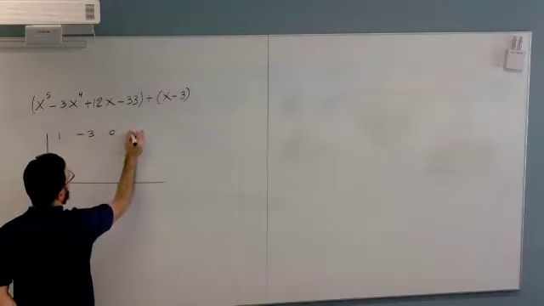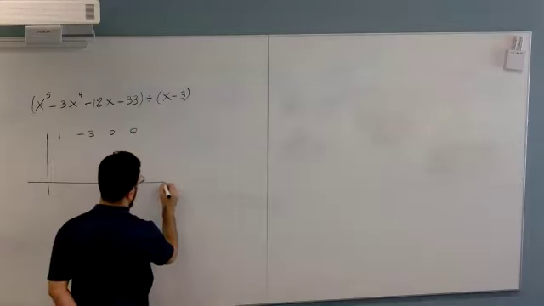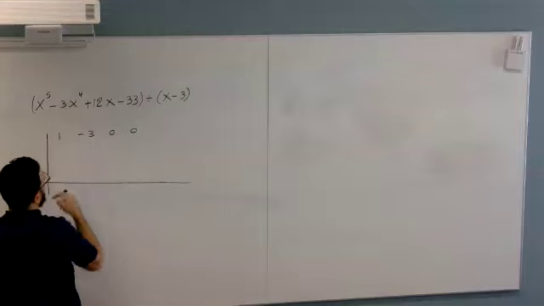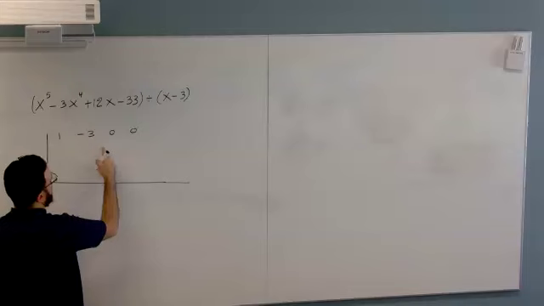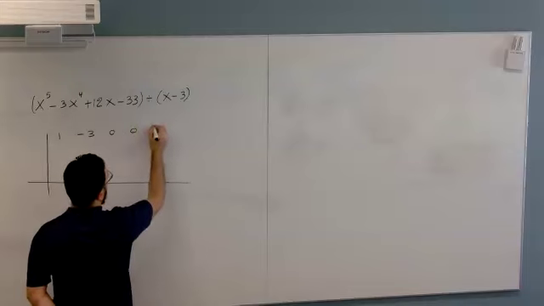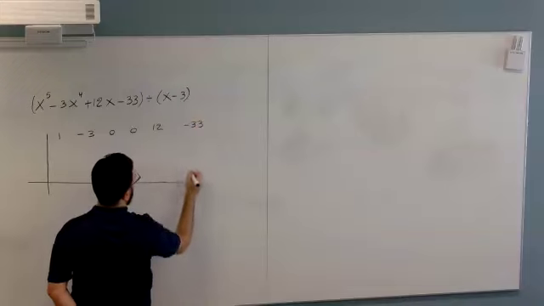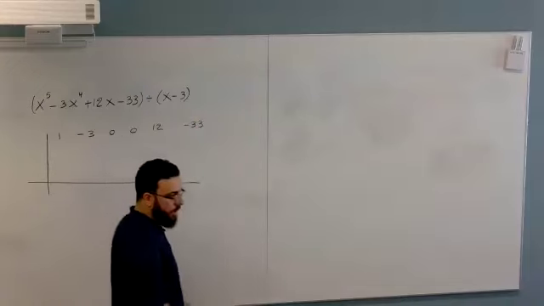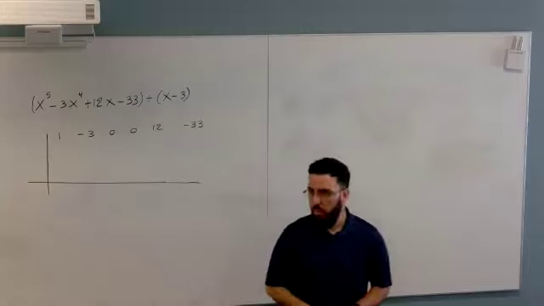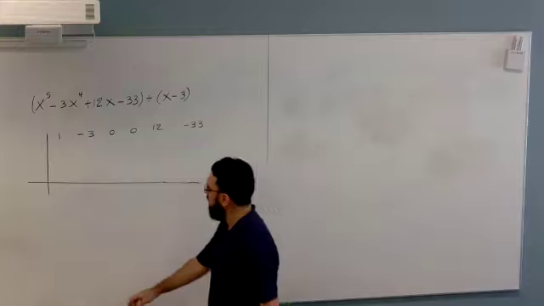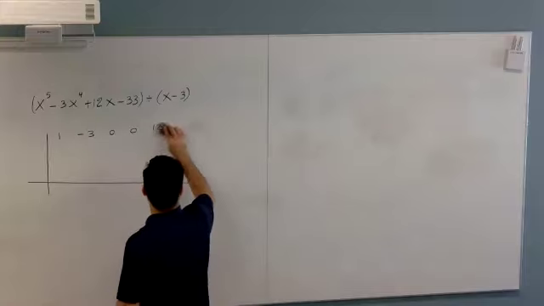So I'm going to put 0 and 0. Yes or no? Because I'm missing the x squared and the x cubed. I'm going to put zeros. What's next? 12. What's next? Okay, so far? Without putting any x, without doing anything, we're just going to put and go down.